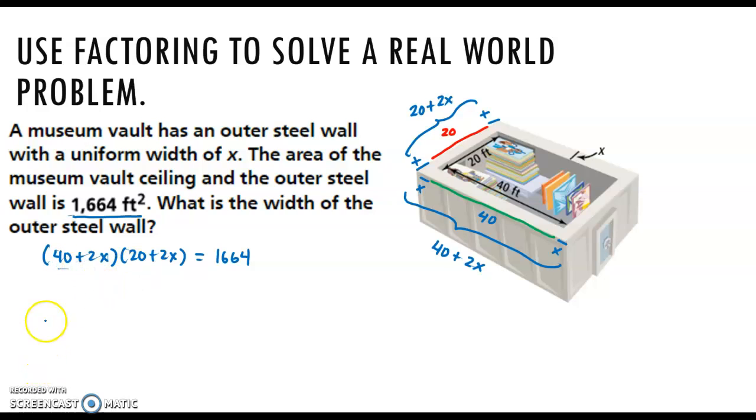You can multiply this out either by distributing or by making a box. I'm going to distribute and show you that process, but if you are more comfortable making a box, you can certainly do that for these problems.